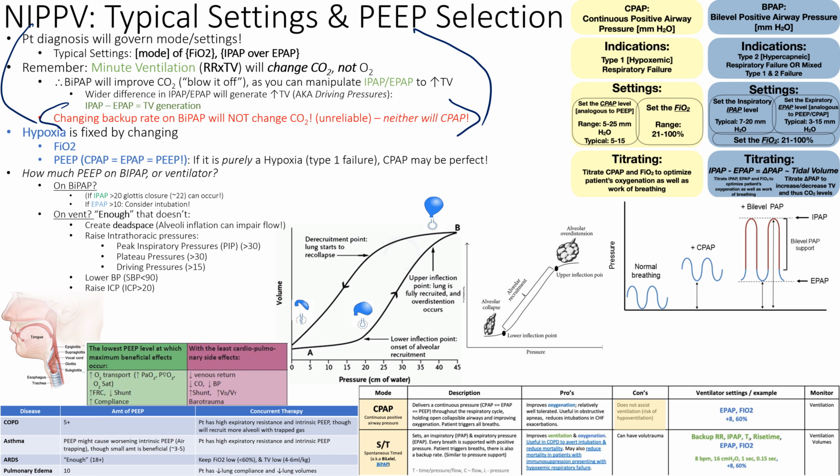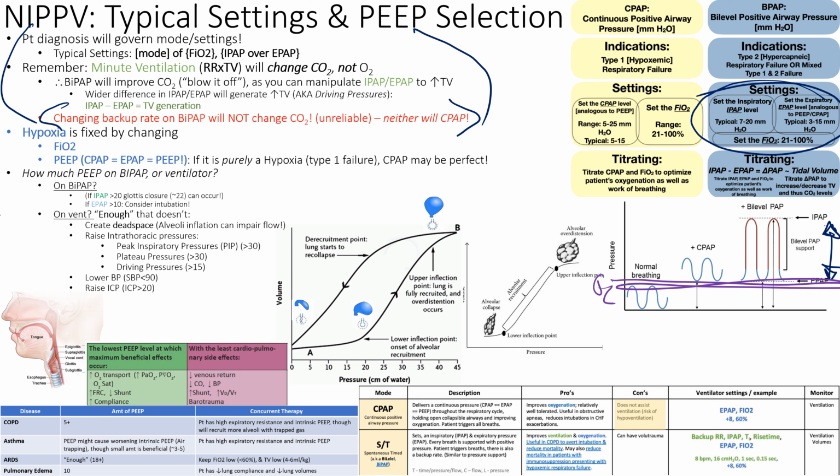If they're trying to fix the CO2, we have to widen up the EPAP and IPAP, right? So we're changing these differences here. In BiPAP, we're changing the EPAP and IPAP, widening out this number here, and that will help improve the PaCO2. Changing the level here is going to improve my O2, right?